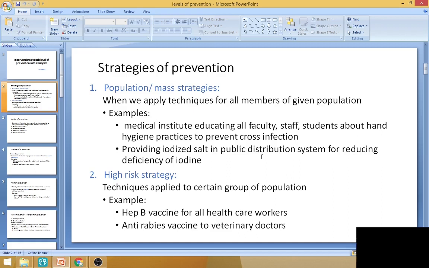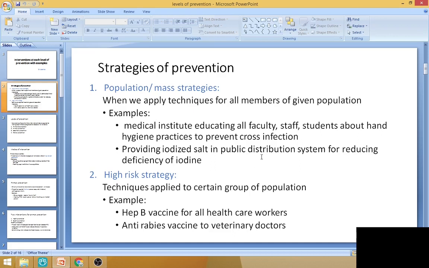Public distribution system. Have you come across it, in your locality, in the newspaper, or in any form of media? You must have heard that the government is providing rice at a cheaper rate, only rupees 4 per kg, to those who have the card. So in that public distribution system, the salt packet provided to the community is iodized salt.